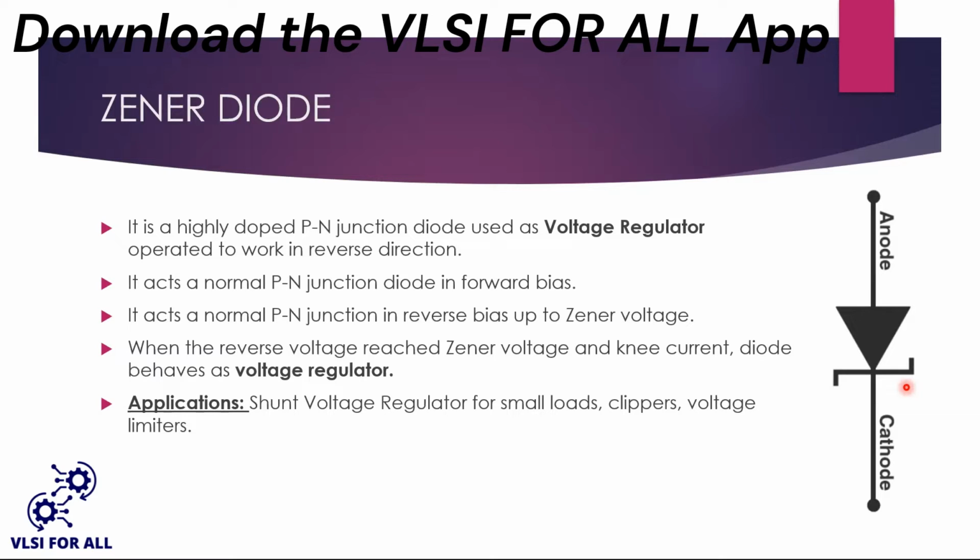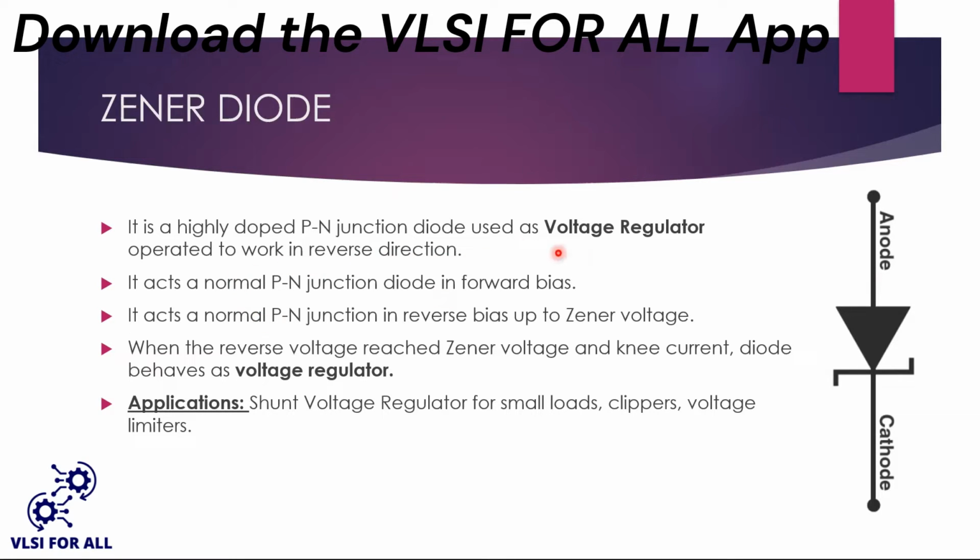For example, if you say 10 power 14 electrons and 10 power 14 holes in an intrinsic semiconductor, if you dope the impurities in the range of 10 power 18, then it becomes a highly doped semiconductor, or another term, a degenerate semiconductor, we can say. Because of this high doping, the working of the diode is kind of new. What is that new thing? We are going to see in a few seconds from now.